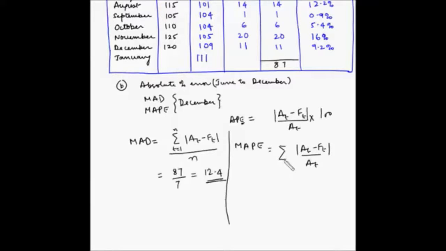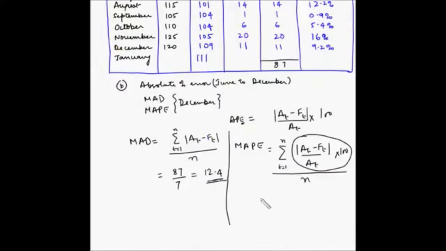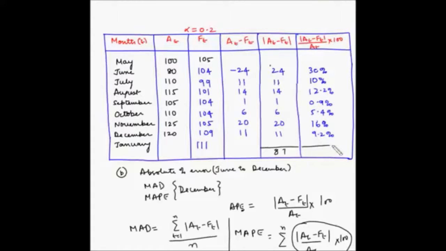So we have to take a sum of all of these, t equals 1 through n, multiply this by 100 and divide by n, because we have to take the mean. So we have already found out this part for each of the periods. Now we have to take a sum of all of these.